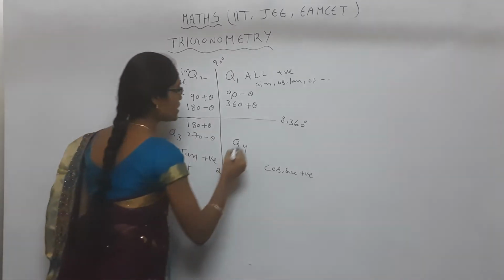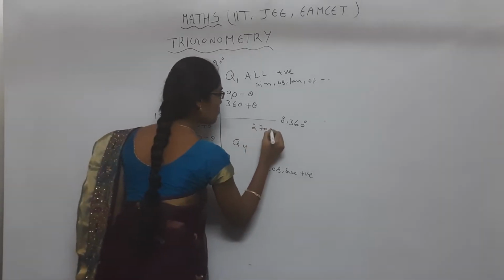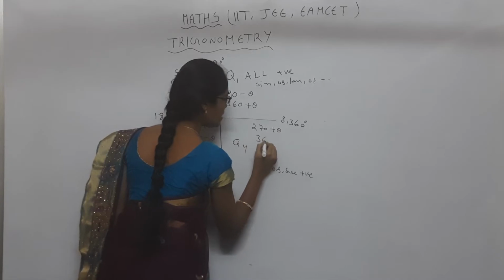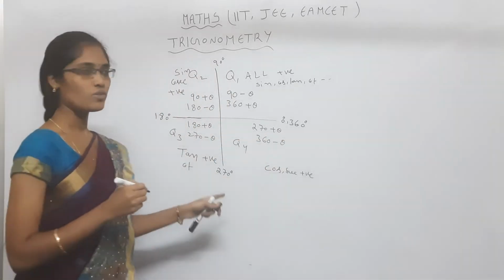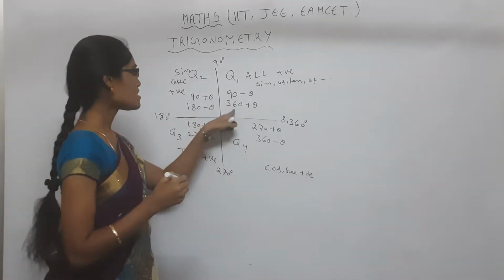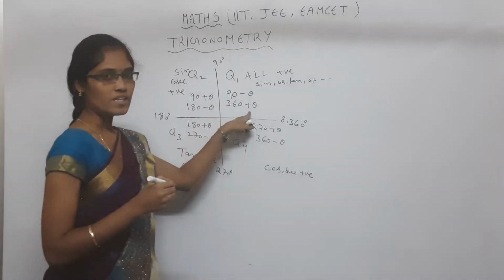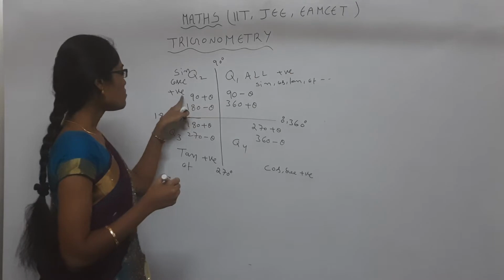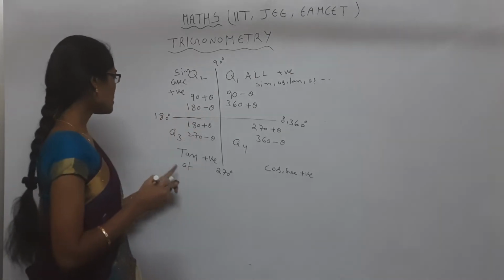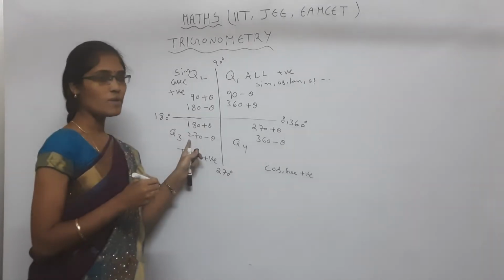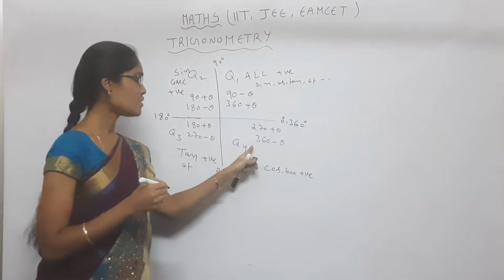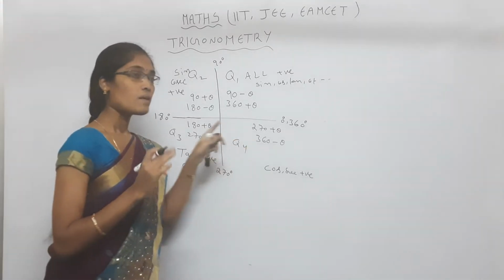In the fourth quadrant: 270 plus theta and 360 minus theta. These are very important.